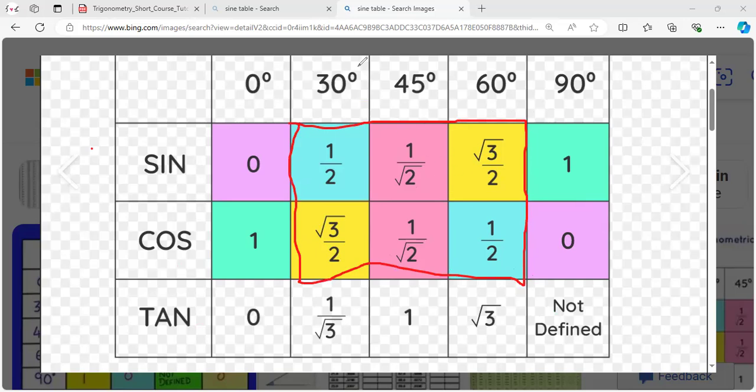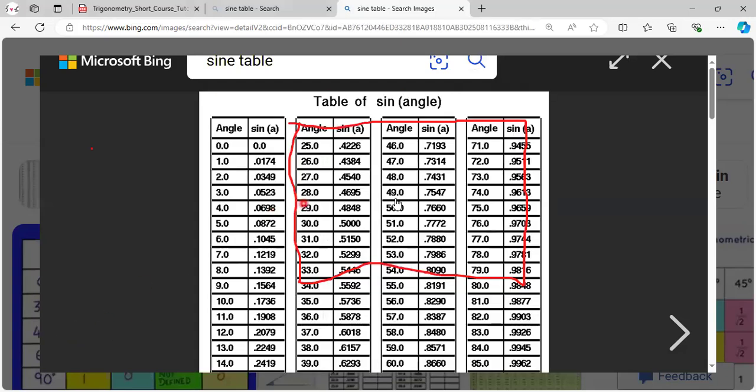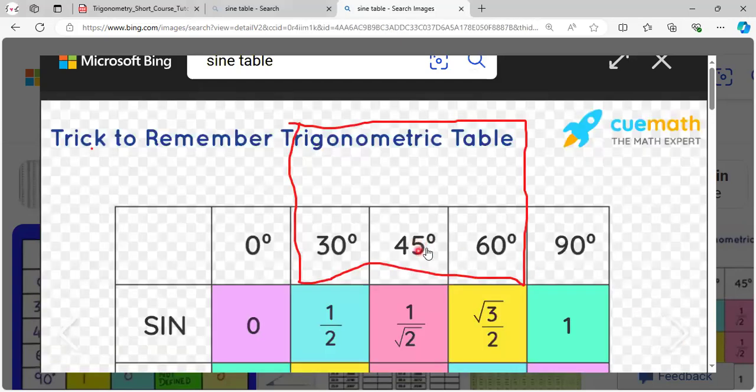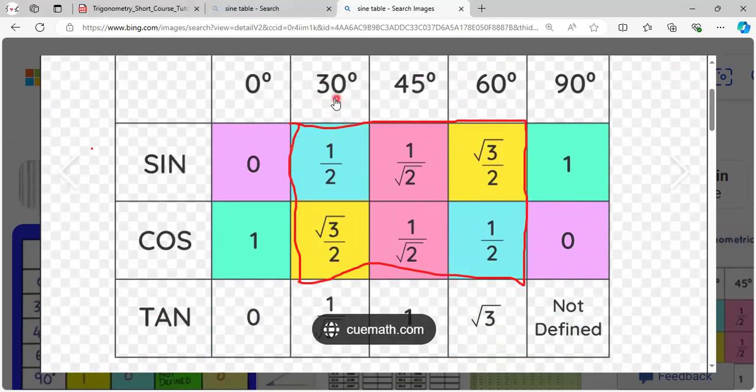For example, here you can see sine 30 is half, and cos 60 is also half. So these are similar. And sine 45 degrees and cos 45 degrees are equal to 1 divided by square root 2. And sine 60 and cos 30 are also the same: square root 3 divided by 2. It is the same thing.